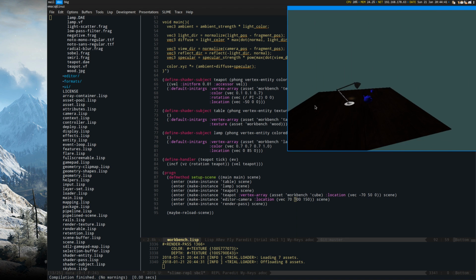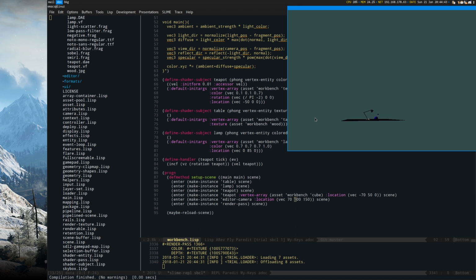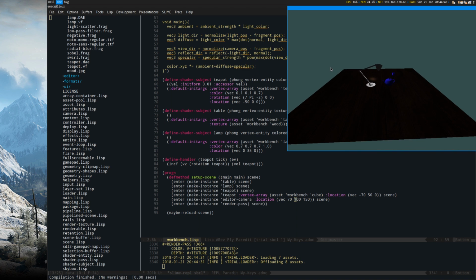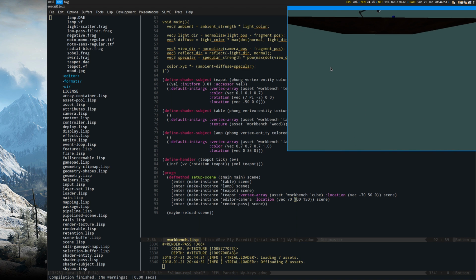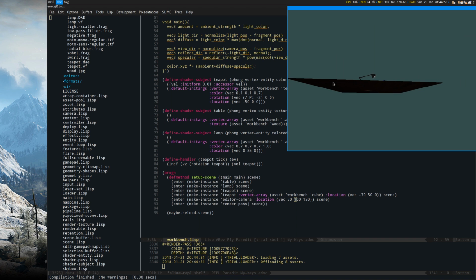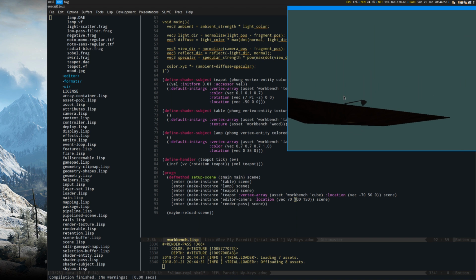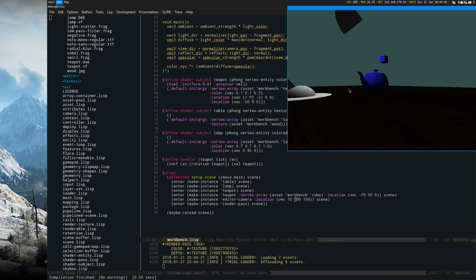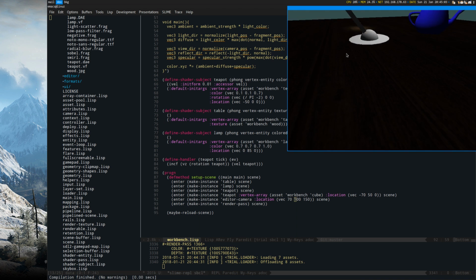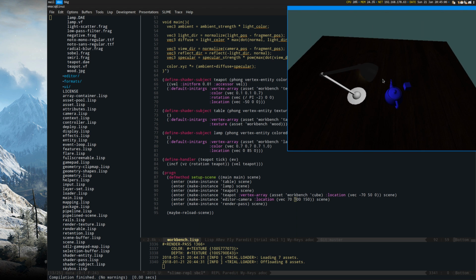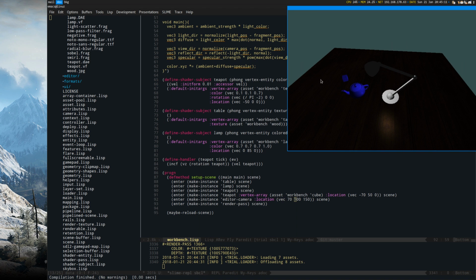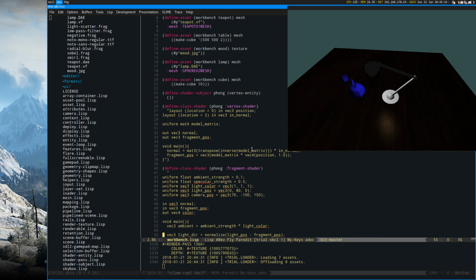Why? I don't get it. Very strange, especially since, you know, the other cube works just fine.